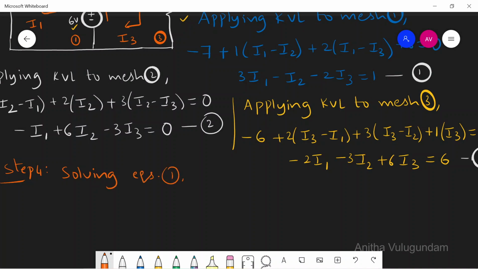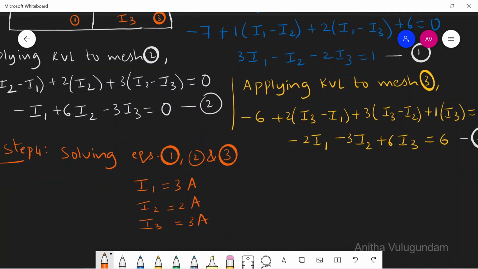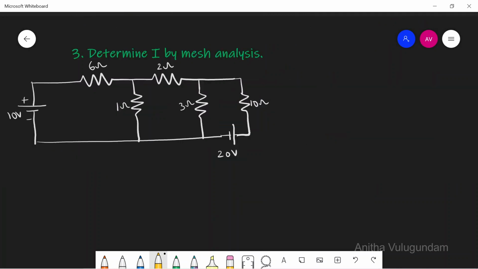Solving equations 1, 2 and 3, we will get I1 equal to 3 amp, I2 equal to 2 amp, I3 equal to 3 amperes. This is the answer. Next problem.